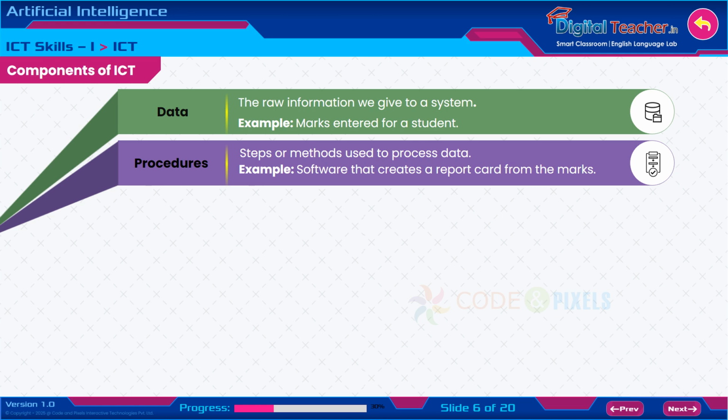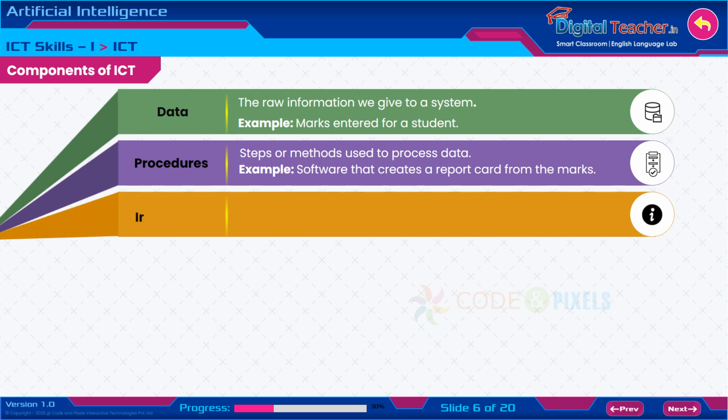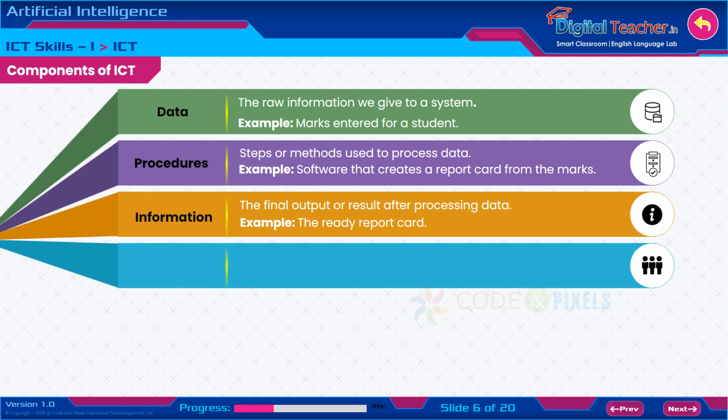Example, software that creates a report card from the marks. Information. The final output or result after processing data. Example, the ready report card. People. The users who enter data and use the results. Example, a teacher or office staff.